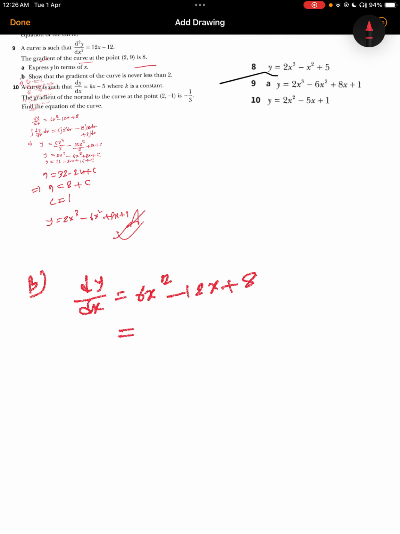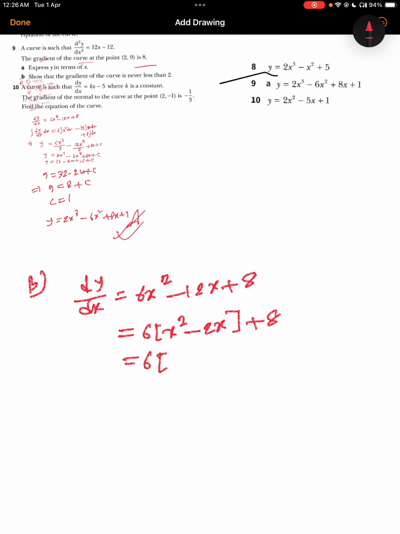If I take 6 as common from the first two terms, it will be x squared minus 2x, plus 8. I can take 6 common from 8 as well, but I don't want to make it more complex.